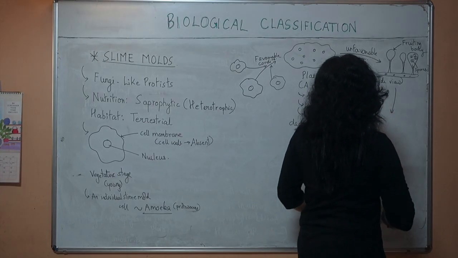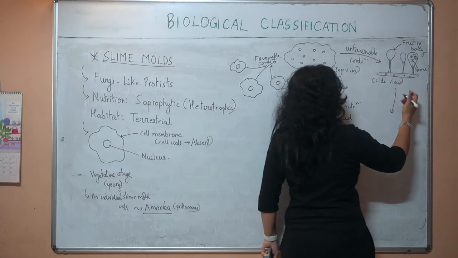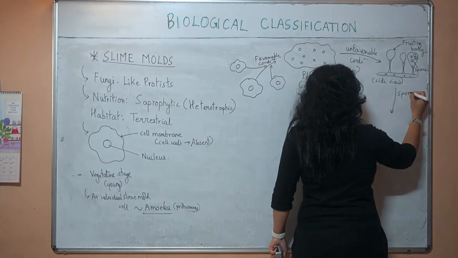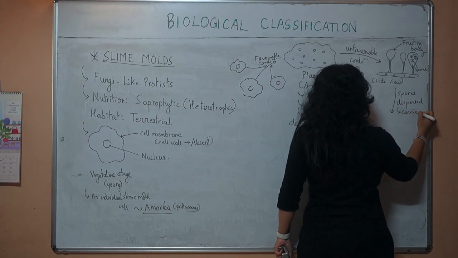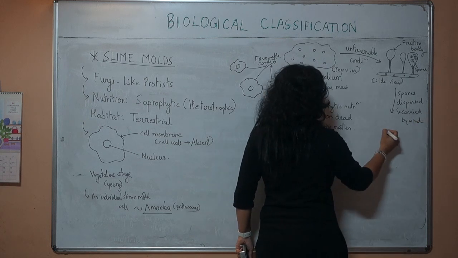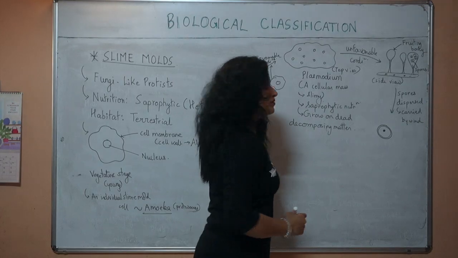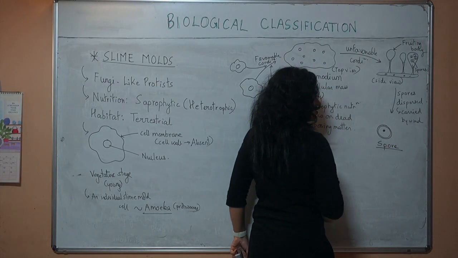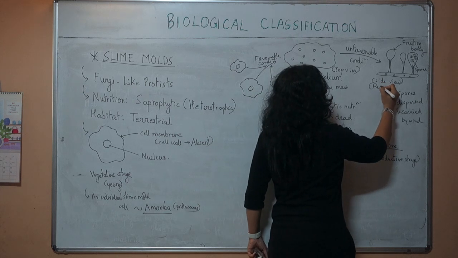Then these fruiting bodies are going to burst open, and the spores from them will be dispersed, carried by wind. And this will be the spore. The spore stage is a reproductive stage.